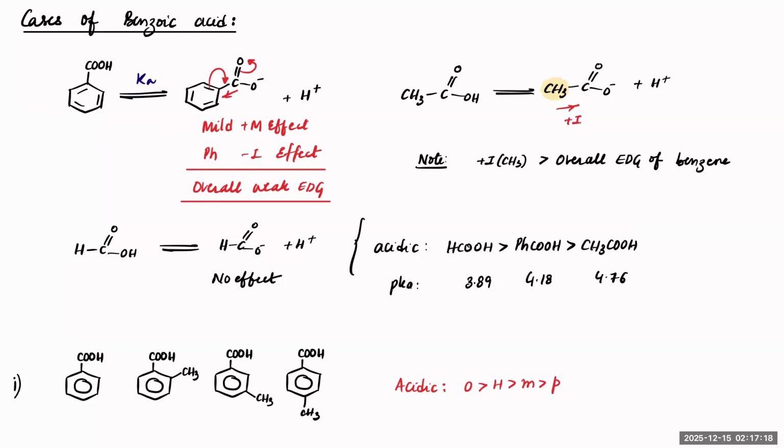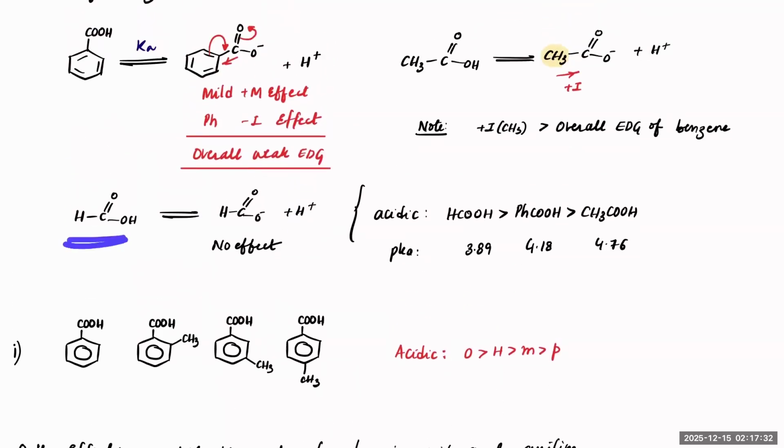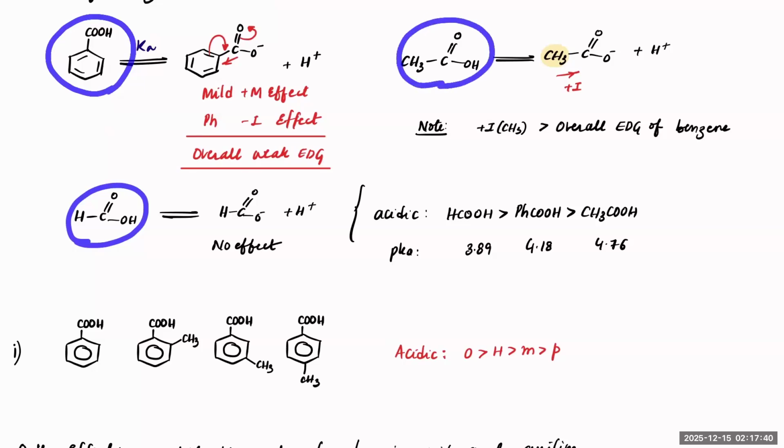Now, in the case of formic acid, there is no donating effect. Since there is no donating effect, definitely that is the most acidic. Hence, the acidic strength of these three, formic acid, acetic acid, and benzoic acid, varies this way. So, first one, formic, then benzoic, then acetic.